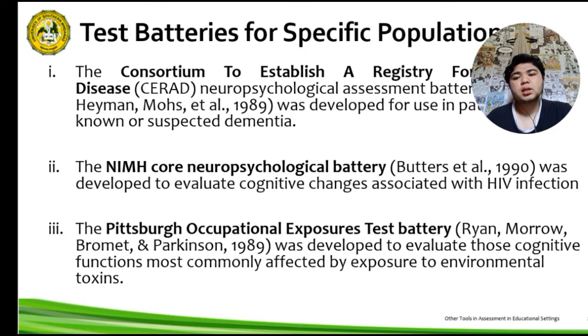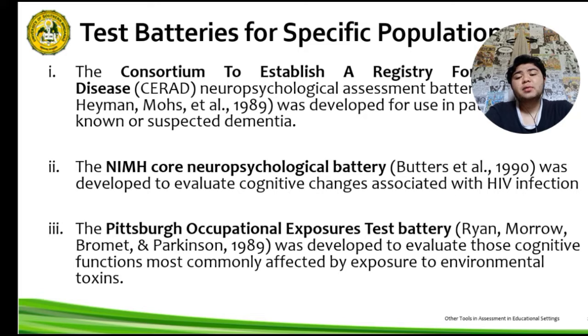So, third example is the Pittsburgh Occupational Exposures Test Battery, from the study of Ryan, Morrow, Bromet, and Parkinson in 1989. It was developed to evaluate those cognitive functions most commonly affected by exposure to environmental toxins. It comprises a series of 15 standard and experimental neuropsychological measures that assess a variety of abilities in a reasonably brief amount of time, approximately 90 minutes.